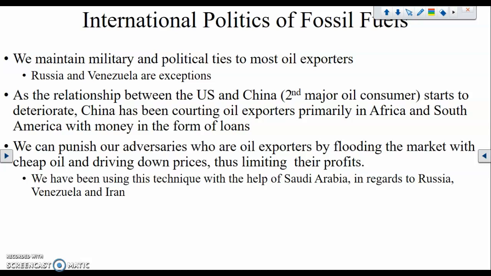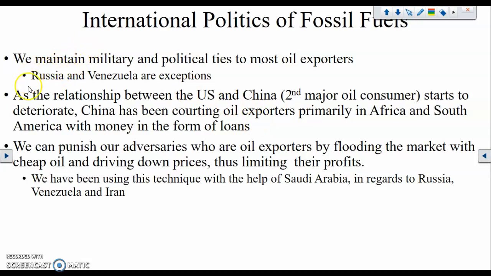And in terms of our trade wars currently going on with China, we have been pressuring a lot of our friends in the Middle East to basically jack up the price a little bit to make sure that the Chinese do not have enough energy. So there's always a lot of politics involved in this case.